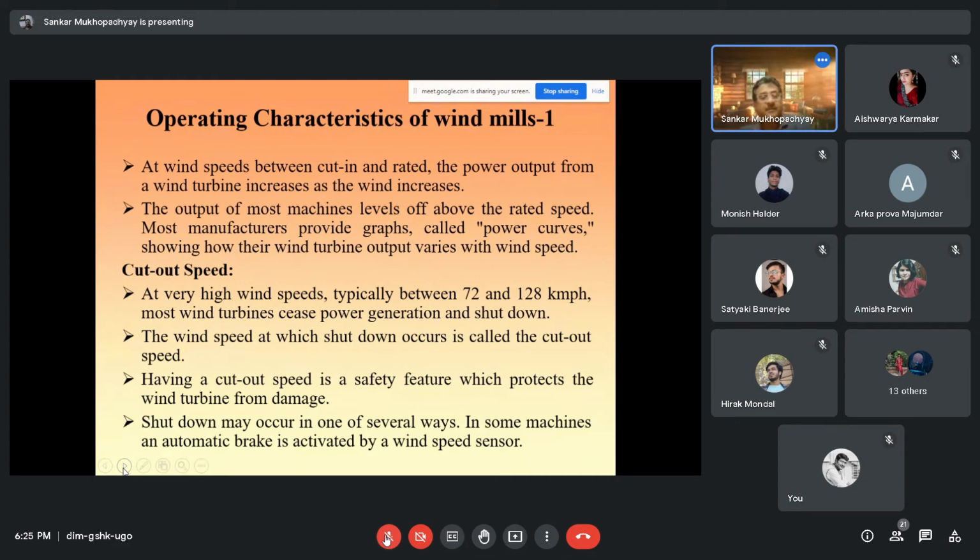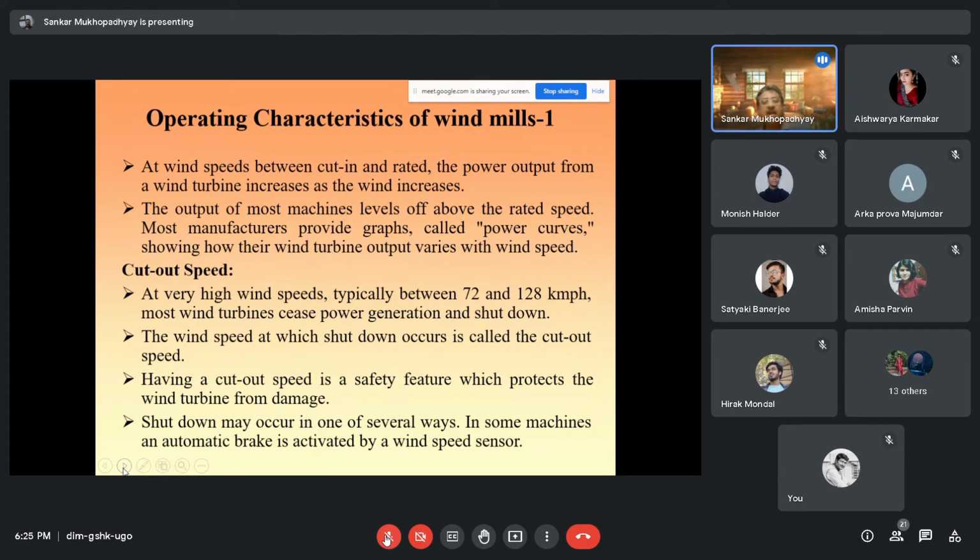Cutout speed. Now, when there is a cut-in speed, there must be some cutout speed also. Obviously, you can understand cut-in speed is the minimum wind speed required. So, there must be a maximum wind speed up to which it can operate. Let's see. At very high wind speeds, typically between 70 and 128 km per hour, most wind turbines cease power generation and shut down.